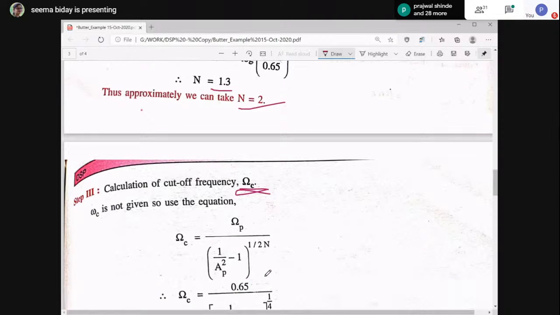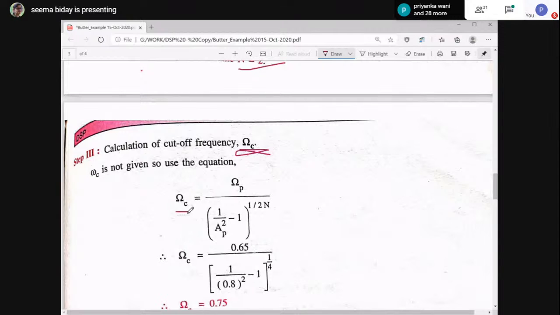Now we have the formula to calculate the cutoff frequency omega C. How to calculate it? Omega C equal to omega P divided by (1 by Ap square minus 1) raised to 1 by 2N. See, step by step, whatever we have calculated, we are using in the next step.